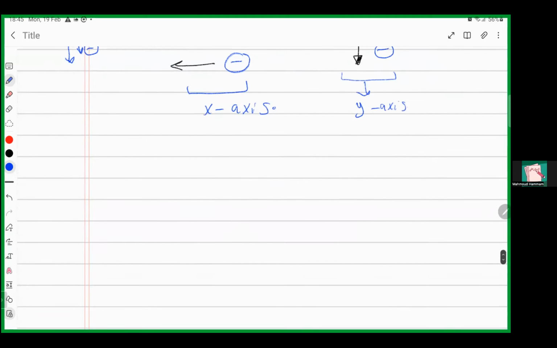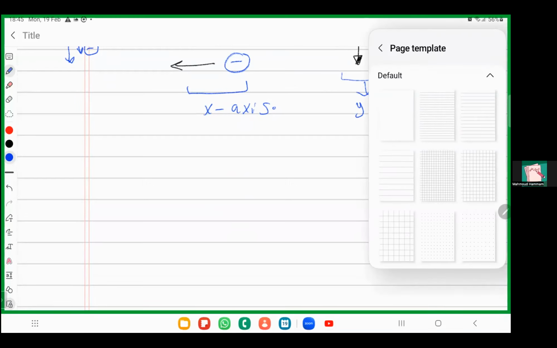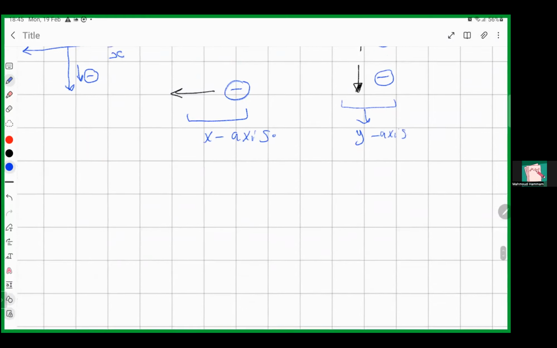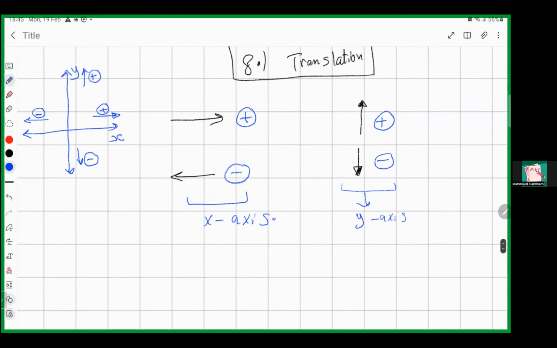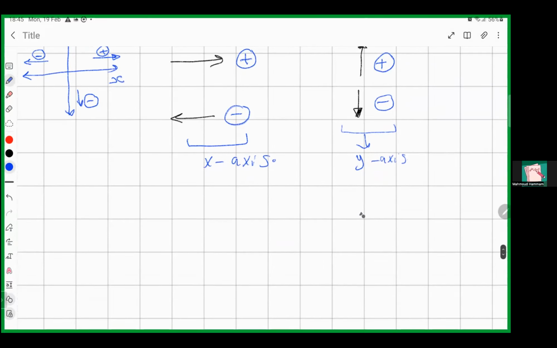What does it mean? I have a grid. Let's draw a very simple point together.